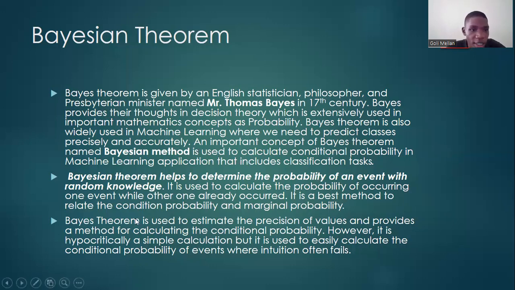So the Bayesian theorem helps us determine the probability that an event will occur based on some knowledge that we have. It's used to calculate the probability of an event occurring based on the fact that some other event has already occurred.